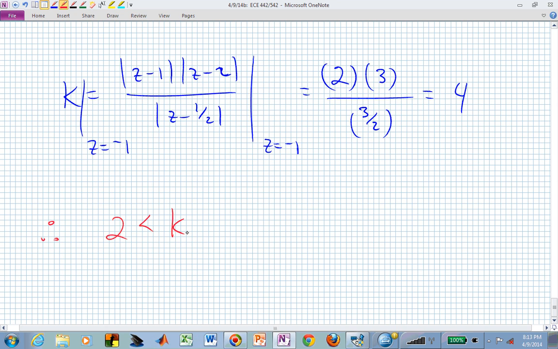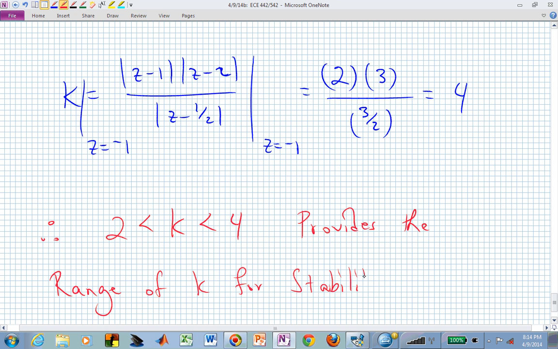And we now can conclude then that we've found the range of k for stability. K needs to be bigger than 2 and less than 4, and that's going to then provide the range of k for stability.